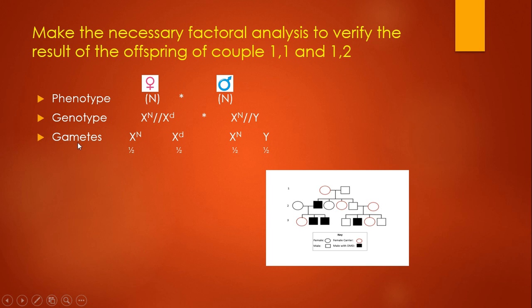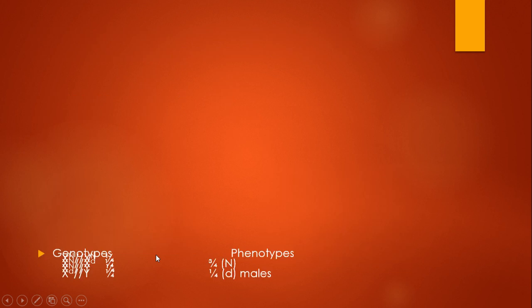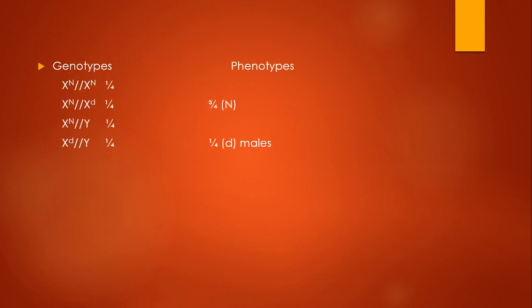So the gametes of the female shall be 1/2 or 50% XN and 1/2 or 50% XD. As for the male's gametes, they are 1/2 XN and 1/2 Y. We shall draw the table of cross, and we are going to reach the following genotypes.